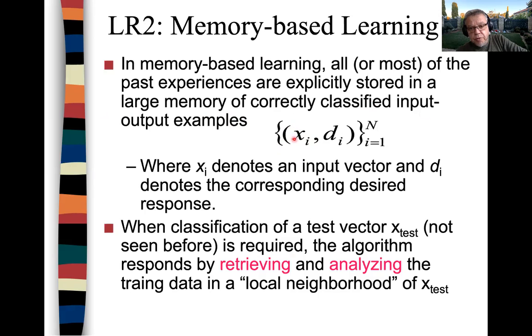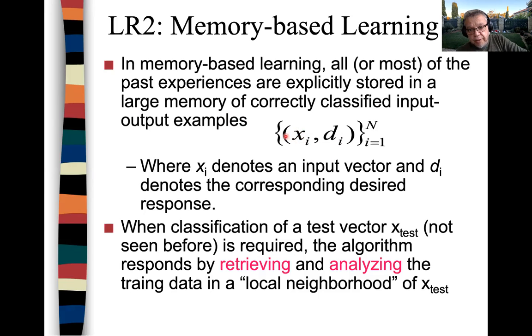certain features which represent a certain city, for example, Rome. So we know that DI is the country, and XI corresponds to certain features, for example, the language spoken in that city, the type of food they eat, the culture, and a number of other features.